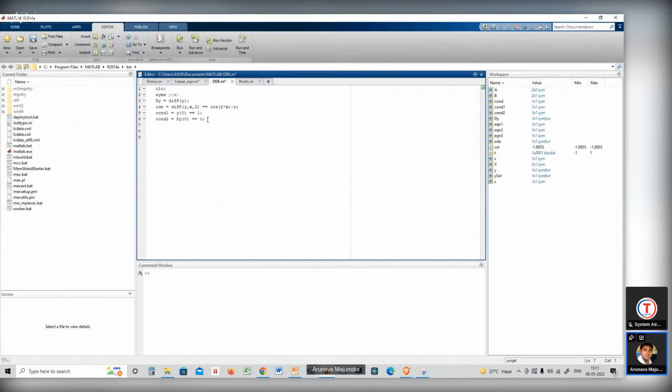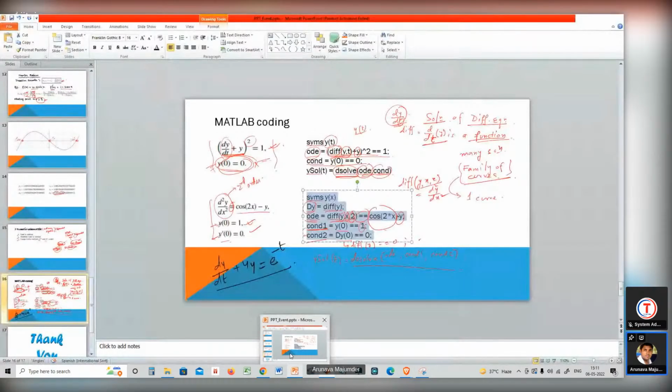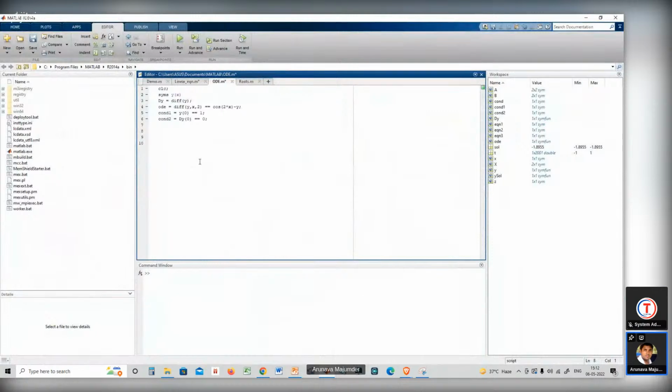So here it is ysolve(t), since t is the only single independent variable here.